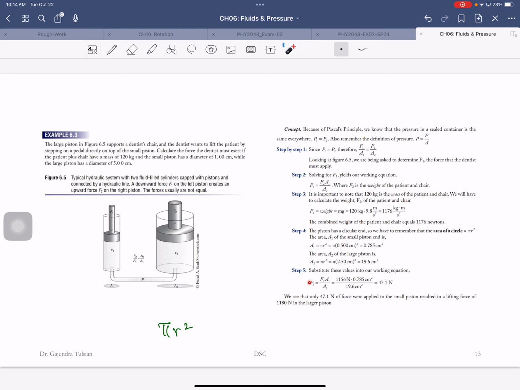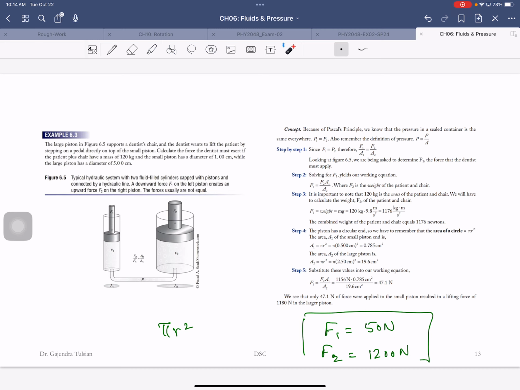So the input force is, by the way, here's a typo, the input area divided by the output area. The input force is about 15 newtons. And the output force, what you lifted, was about 1200 newtons. So applying a small force, you lifted a large weight.